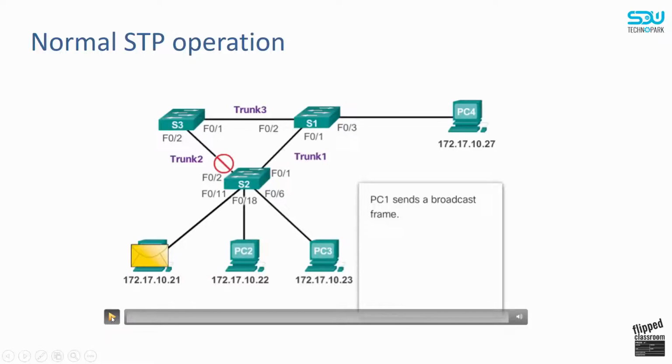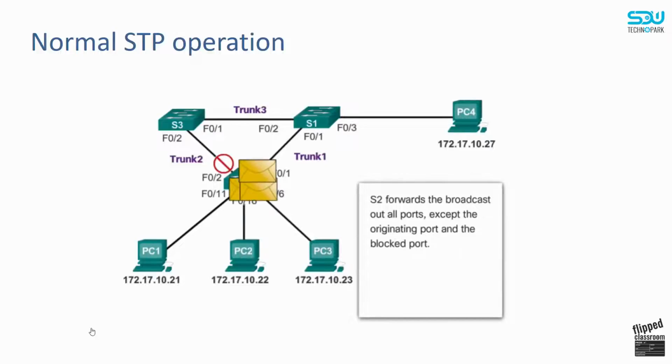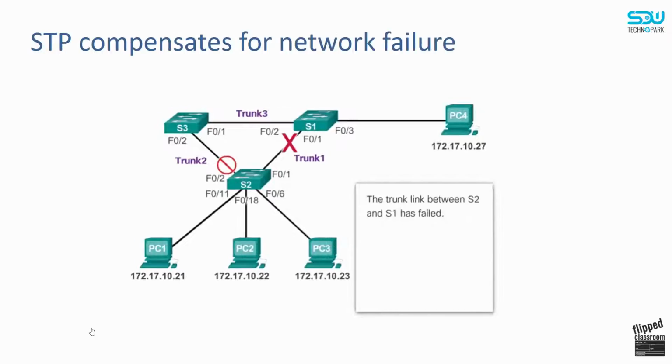STP blocks one port, which gives us the ability to prevent the endless loop. The broadcast which comes from S2 to S1, from S1 to S3 will come back again to S2, but S2 will block this communication. So then we don't have a loop.